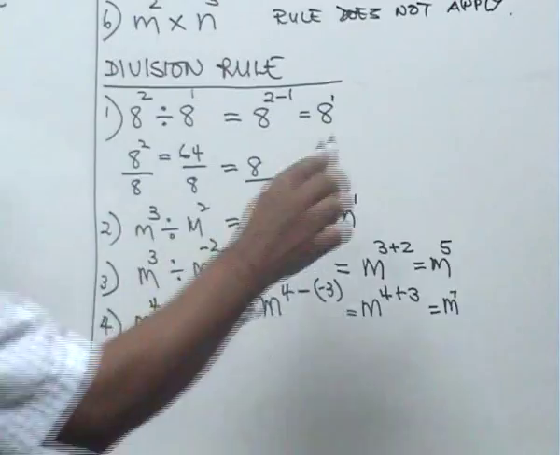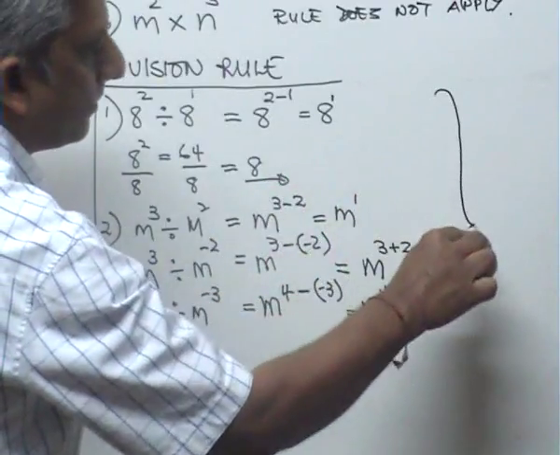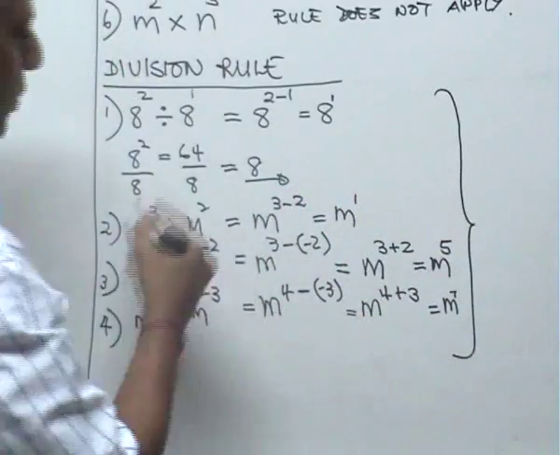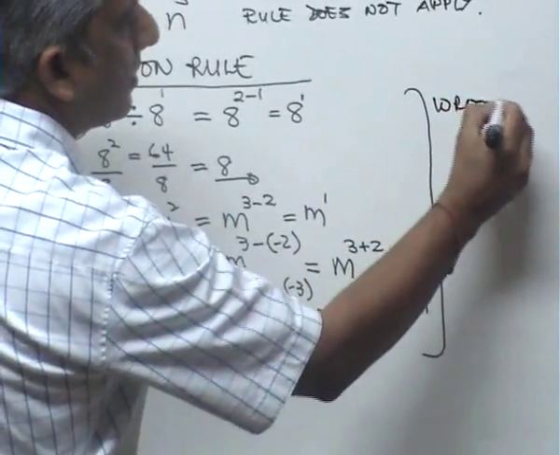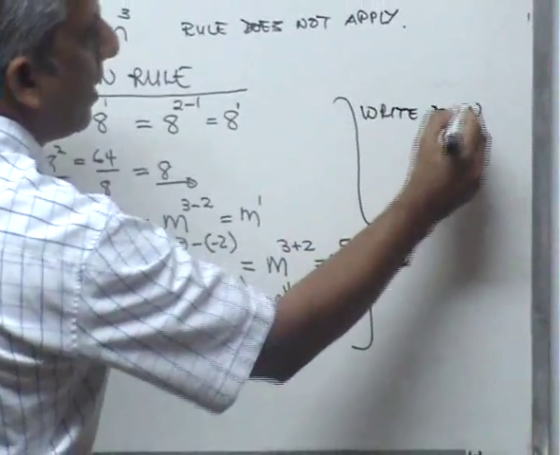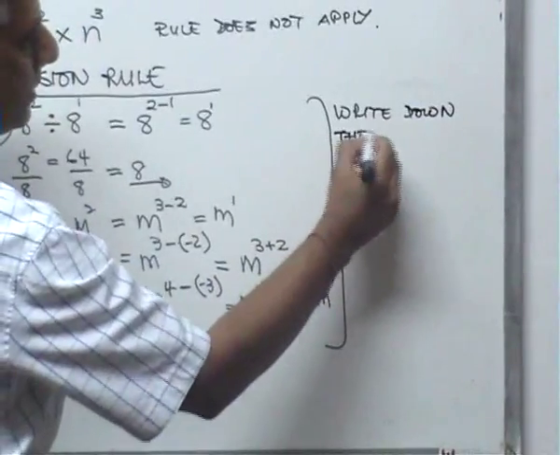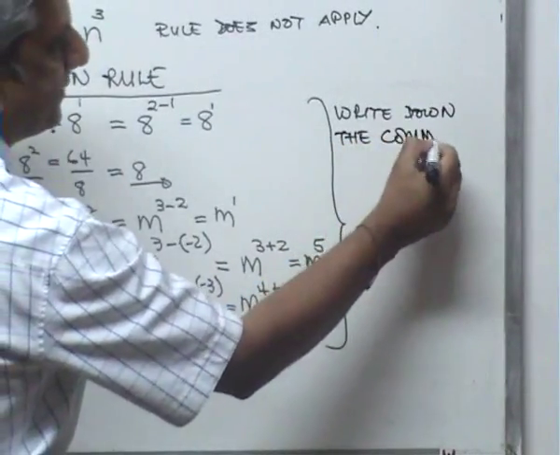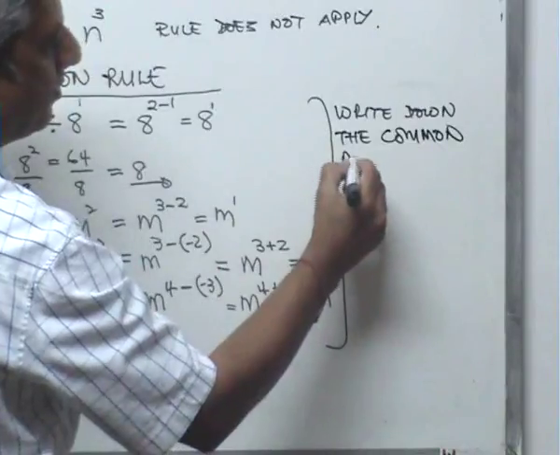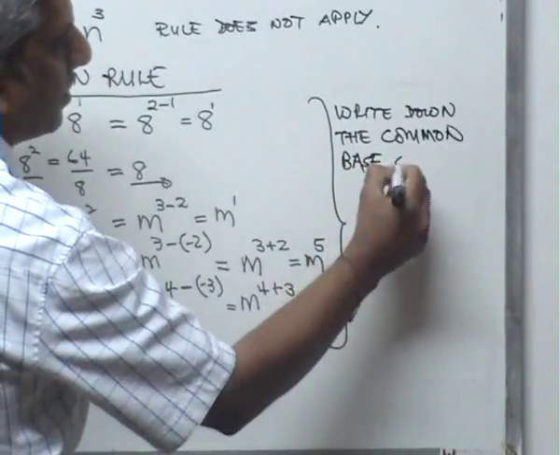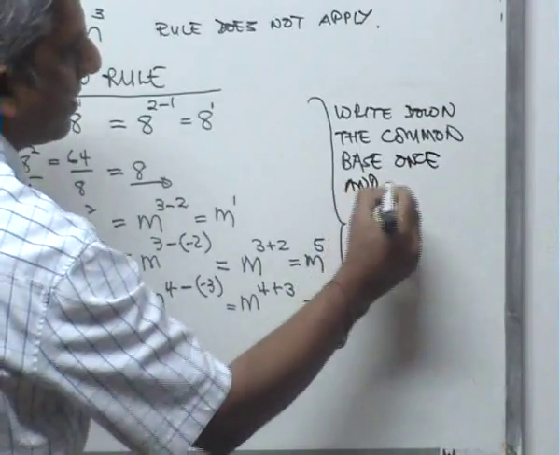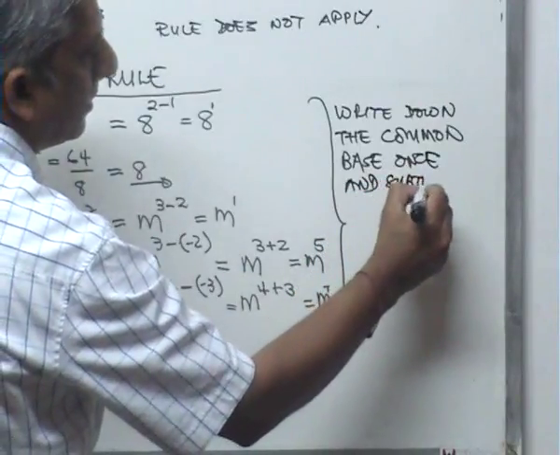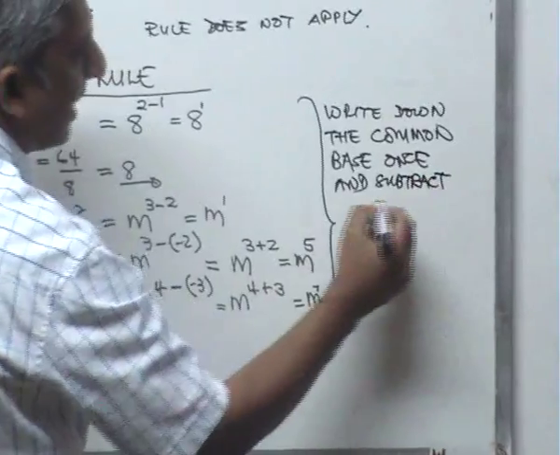So let's see what is the division rule. The division rule will be, write down the common base once and subtract.